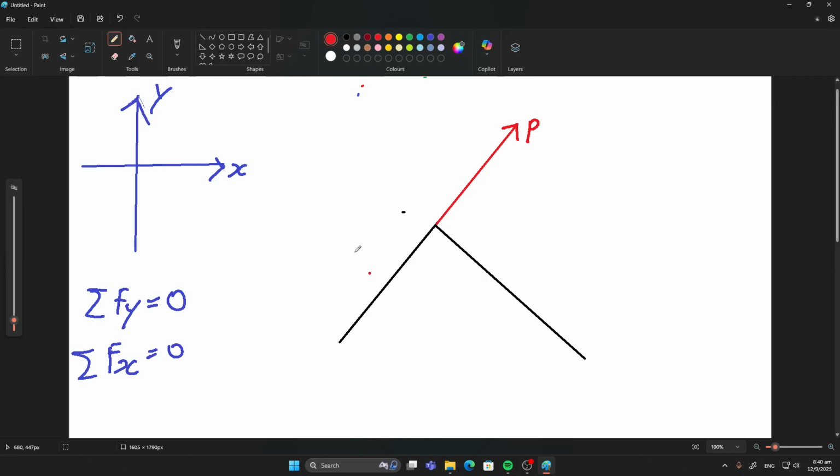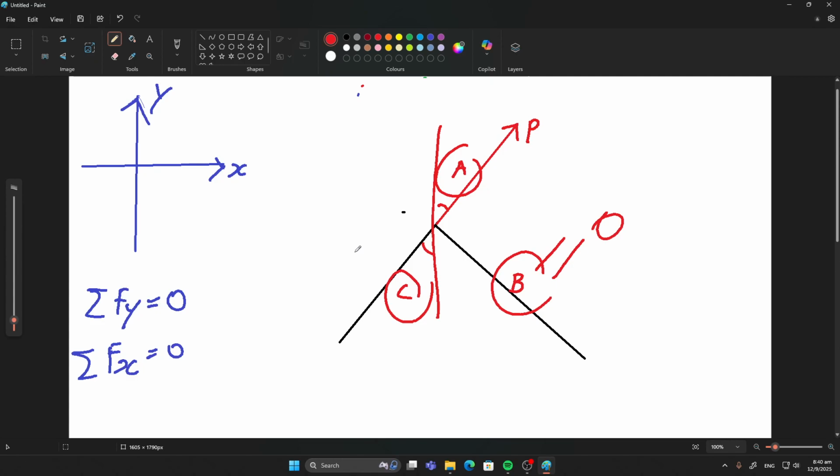Instead of 3 bars, I'm replacing one of my bars with an external force. So it's basically hiding itself in case 3, because this can be A, B, and C, which is the same example as case 3. Am I right? Angle, everything's the same, so we know that A equals C, and B just equals 0.